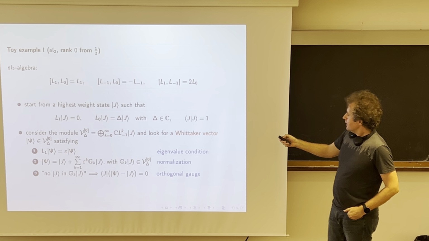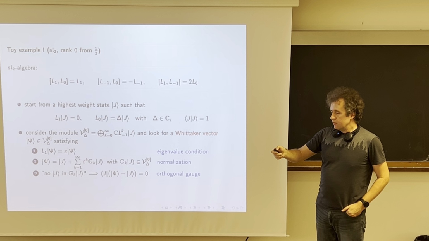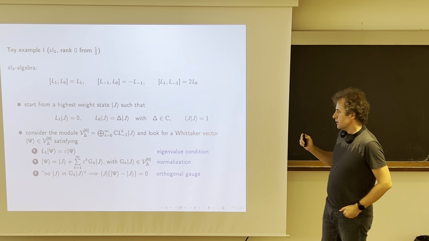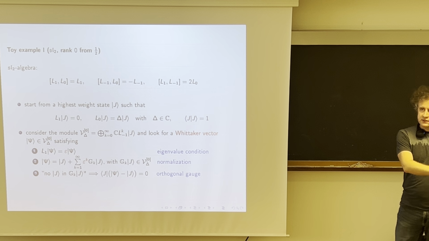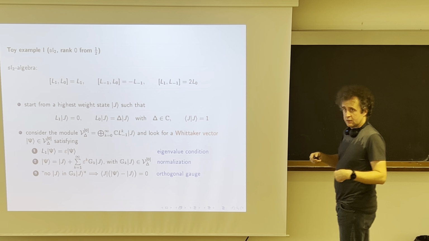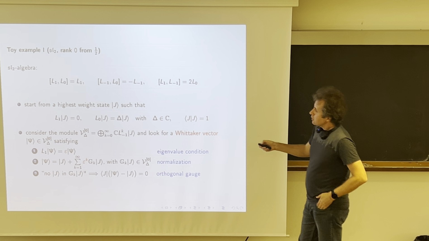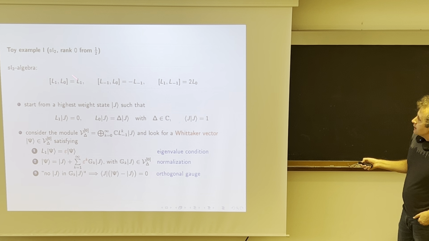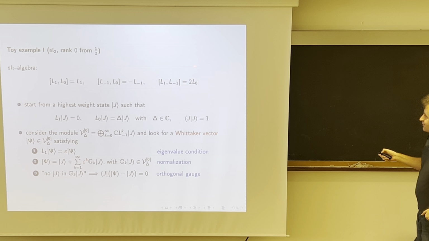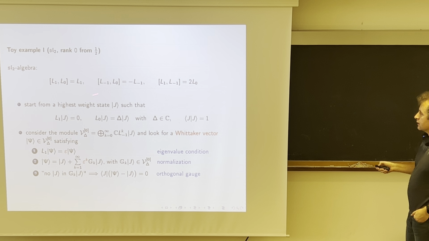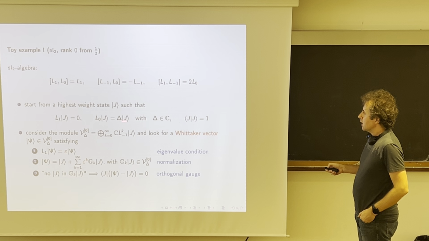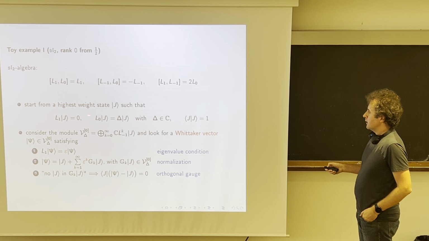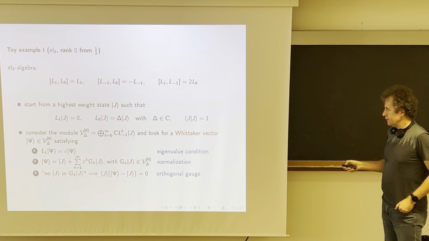Okay, so even though this example will be kind of trivial, it will also allow me to set the stage and introduce the notation that will be useful in the following. I'll start here from the SL2 algebra. I take a highest weight state, which is diagonalized by L0 and killed by L1.